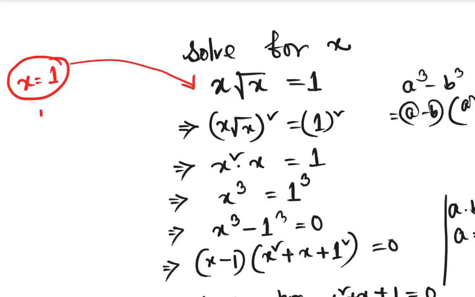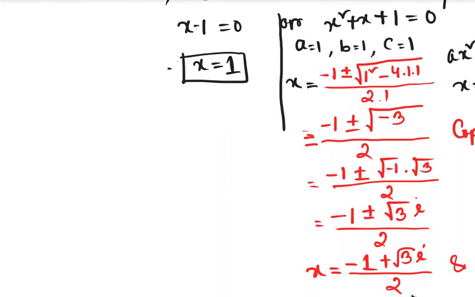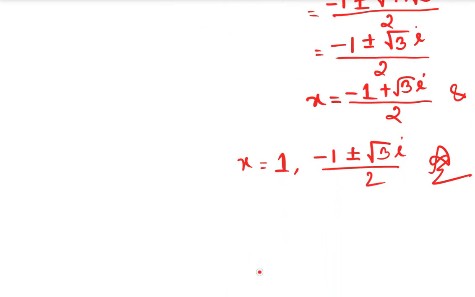The value of x is 1, times the square root of x, which is 1. So what we have got is 1 times 1, so this is 1, and the right side is also 1. So x equals 1 is the correct answer, as well as obviously the complex terms, which are also correct answers.